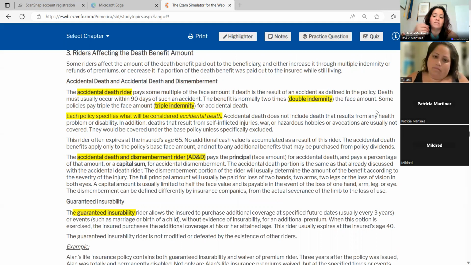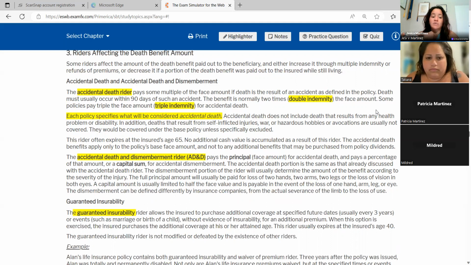Accidental death does not include death that results from any health problem or disabilities. In addition, death that results from self-inflicted injuries, war, hobbies, or avocations is usually not covered. It will be covered under the base policy unless specifically excluded.